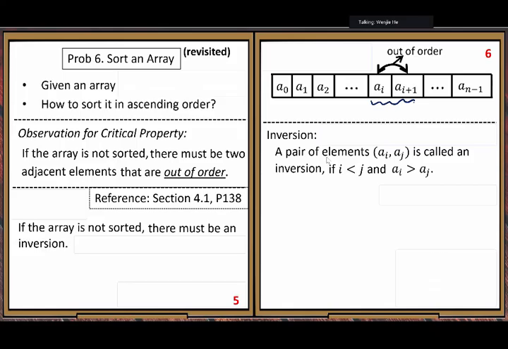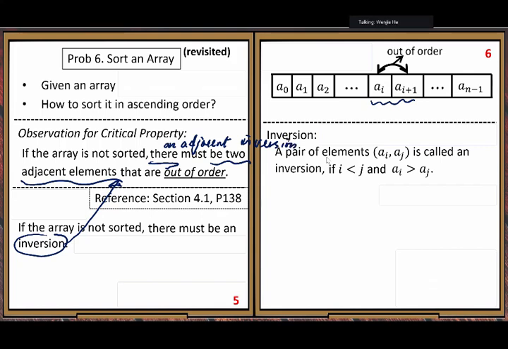The first statement, there must be two adjacent elements out of order, tells us there must be an adjacent inversion.